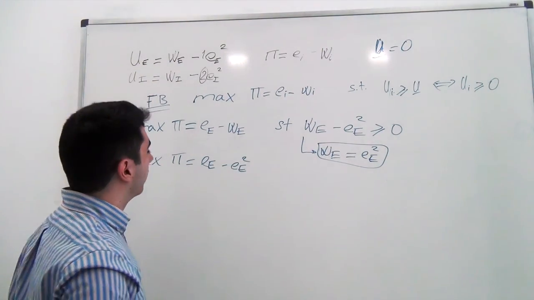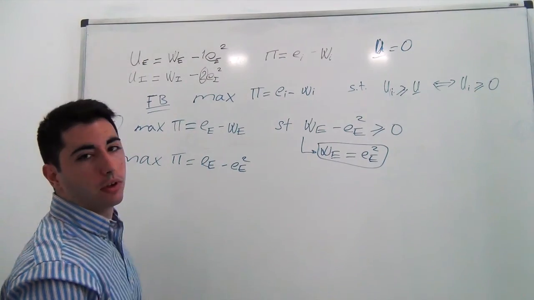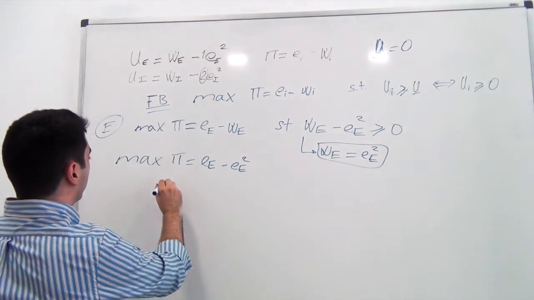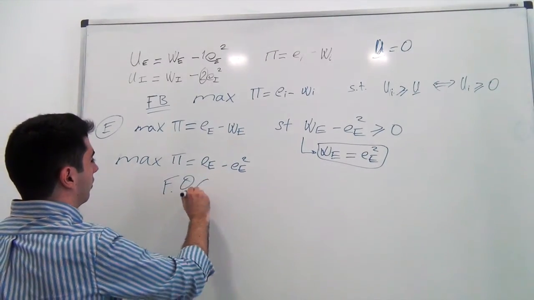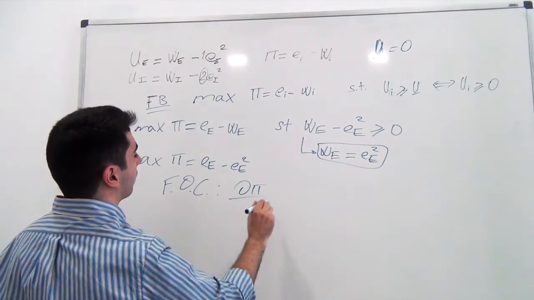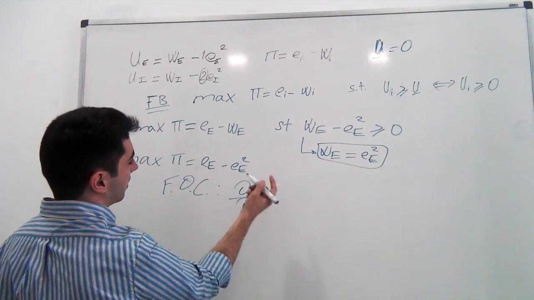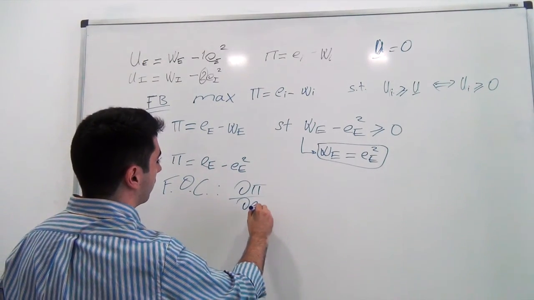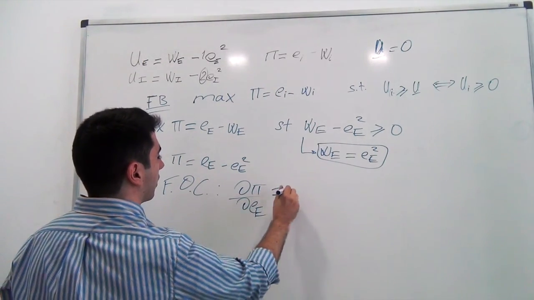and now, quite simply, as any maximization program, we have to perform the first order condition, which is simply the derivative of the objective function with respect to basically the only variable we have here, which is this, and set equal to 0.